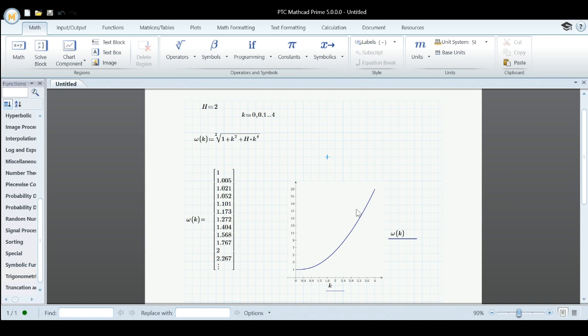Now for the same expression, h is a parameter. If h is, suppose say, 3, just look at the graph how it changes. It changes. So it's moving to the right hand side. Slope is decreasing. So if it is 5, slope is decreasing more.